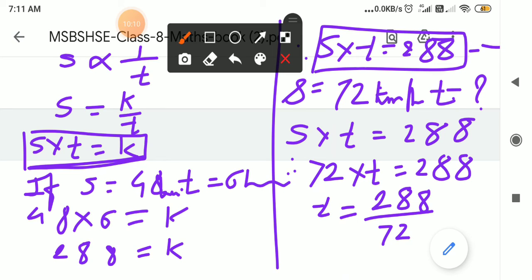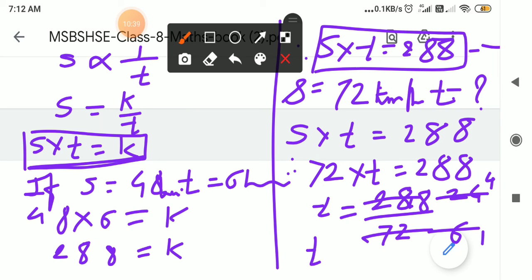If you divide this, you will get the answer. 72 into 4 is 288.